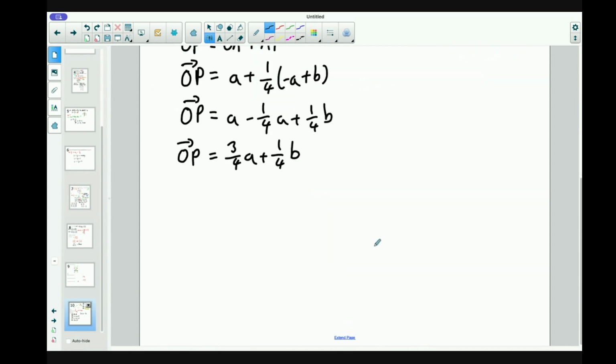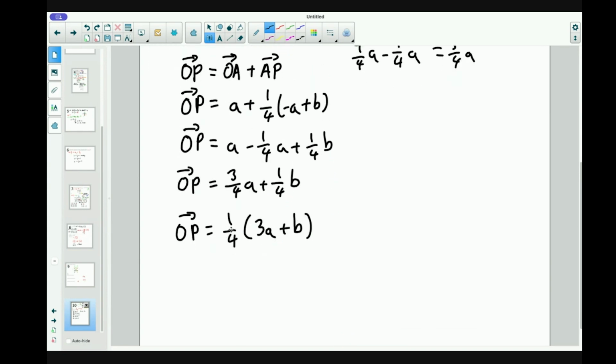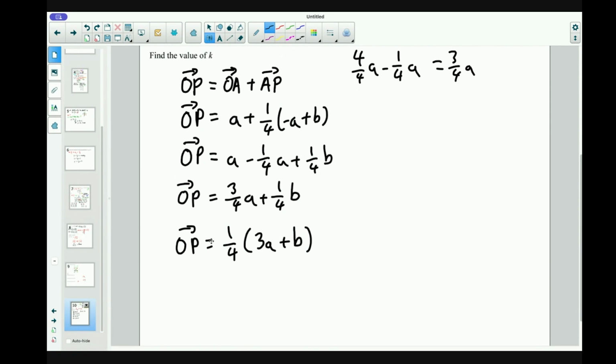And in this case, we're going to factorize 1/4. So this 1/4 comes to the outside. So what we're thinking is 1/4 times what gives me that 3/4 A. So in this case, we have 3A and then plus B. Okay, so we have 1/4 (3A plus B) ends up being my final form for this vector OP.